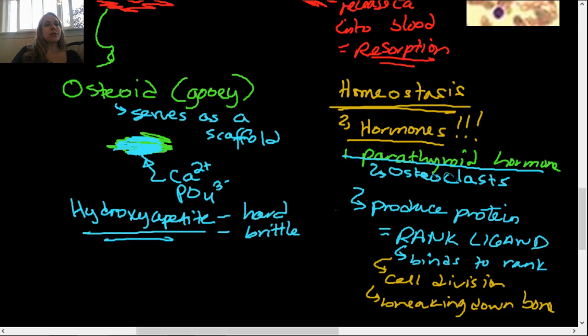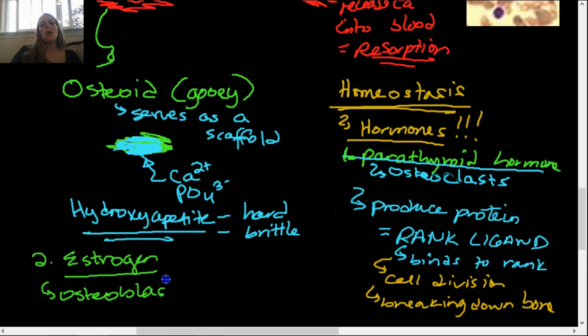But the opposite to this is going to be estrogen. So hormone number 1 we're talking about is parathyroid hormone. Number 2 is estrogen. And so estrogen works on osteoblasts. And so what it does is it says, okay, we are having too much bone broken down. So we are going to tell the osteoblasts to produce another protein called OPG.